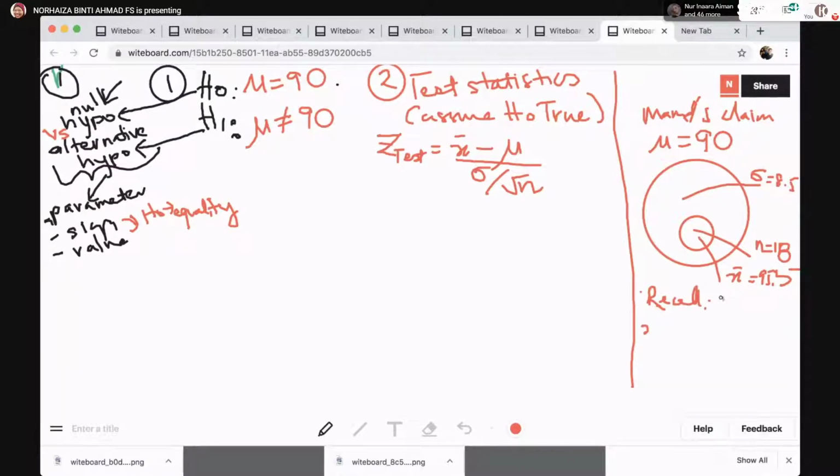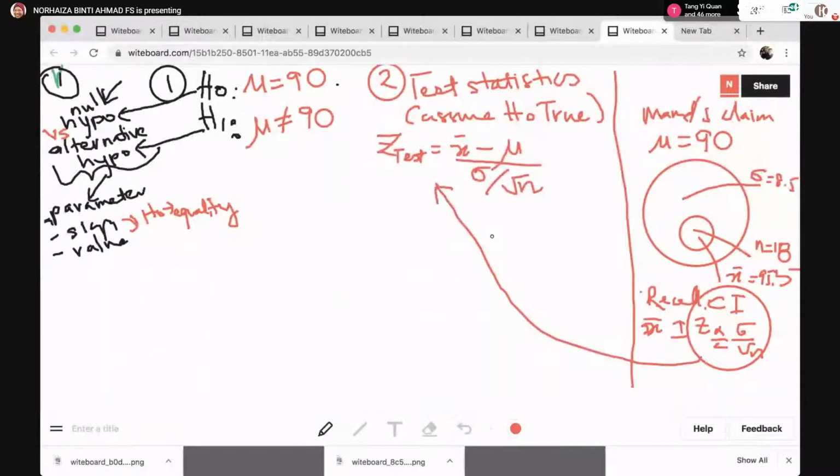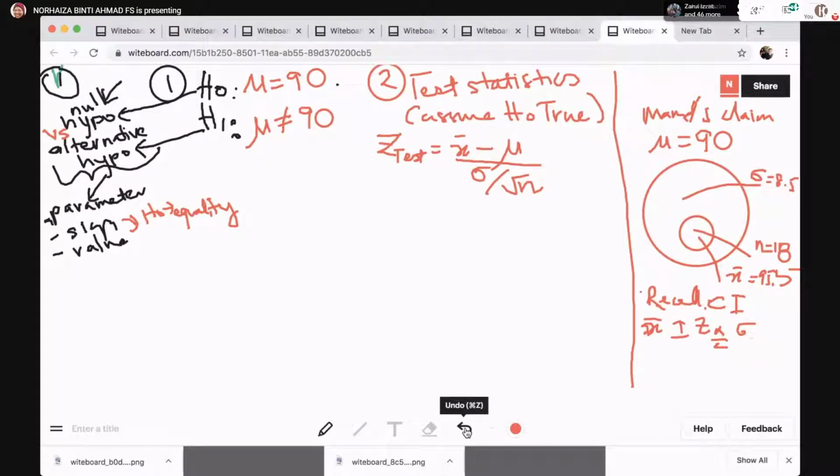So recall, in CI, you use X bar plus minus Z alpha over 2 times sigma over root n. Remember last time I said you get this from this, right? But we're not going to use the confidence interval. That is just how you got your confidence interval.